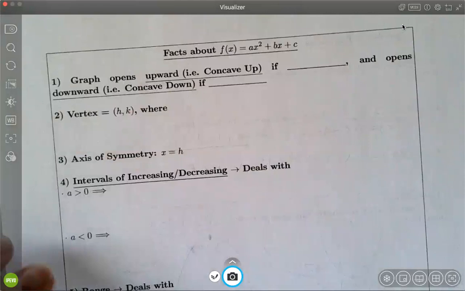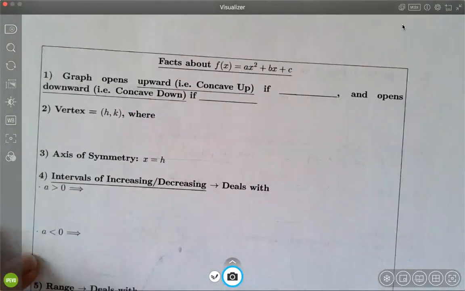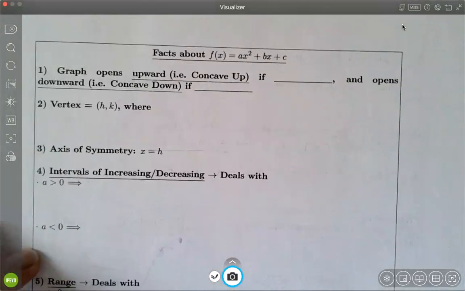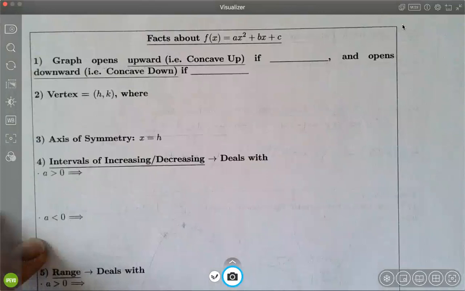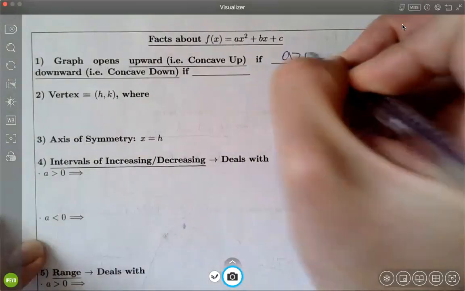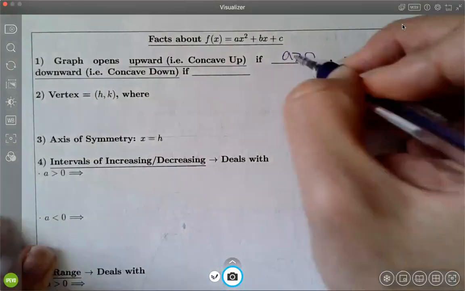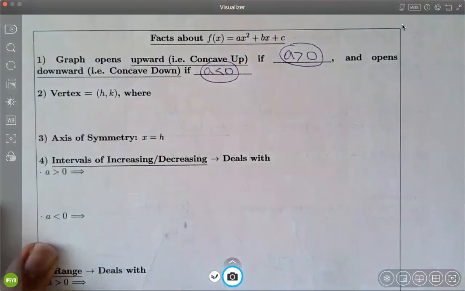Facts about ax squared plus bx plus c. The graph opens upward, in other words, it's concave up if a is positive, and opens downward if a is negative. We have just seen that before, so it's nothing new here.